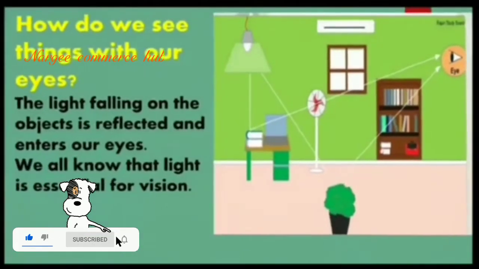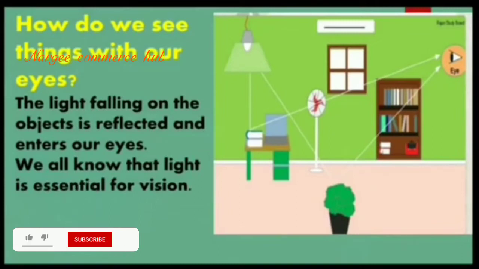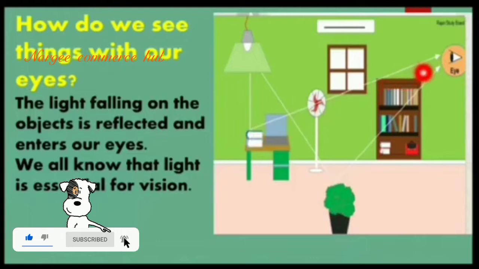Next one, how do we see things with our eyes? The light falling on the objects is reflected and enters our eyes.